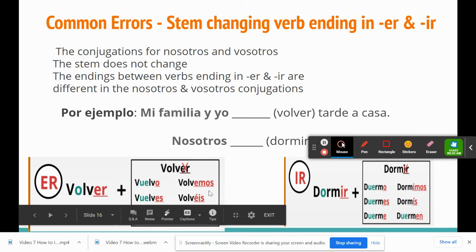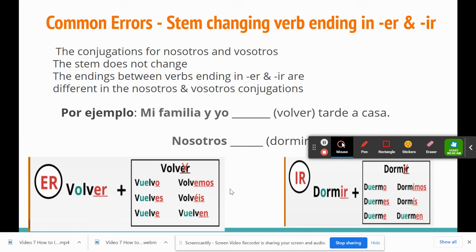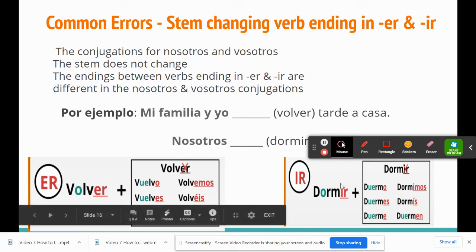Now, let's compare an ER ending verb to an IR ending verb. Compare nosotros and compare vosotros. Are there any differences or similarities? Okay, so the endings are different.